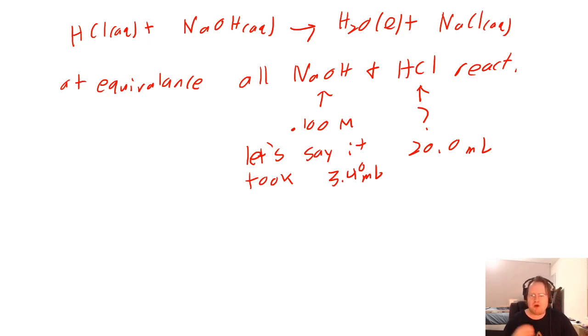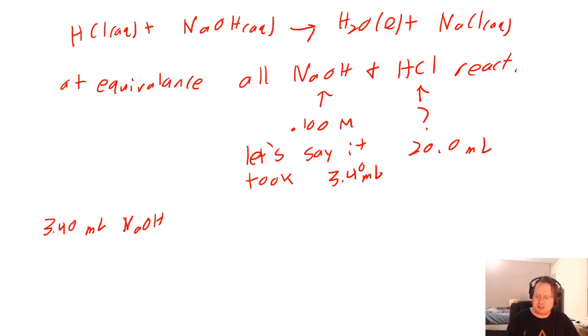So I want to know what the concentration of that HCl was. What we'll do is start with our information. We have 3.40 milliliters of NaOH, because that's the thing we know about. We know how much we added, and we know its concentration. We can't start with the HCl because we're missing both the moles and the concentration. You can't find both at the same time.